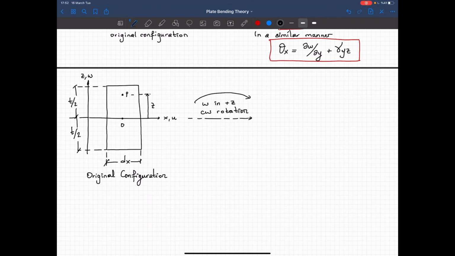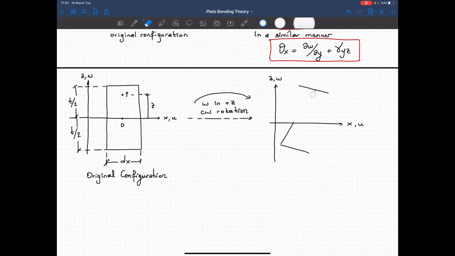So let's draw the coordinate axis one more time. That is Z and W, and here I have X and U. Now drawing this is not that straightforward, so let's start from the top. Let's say that it moved this way, and we have some angle change, so I will exaggerate and draw the angle change as follows.